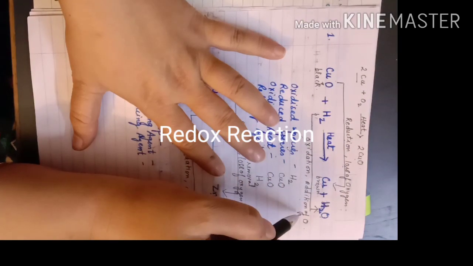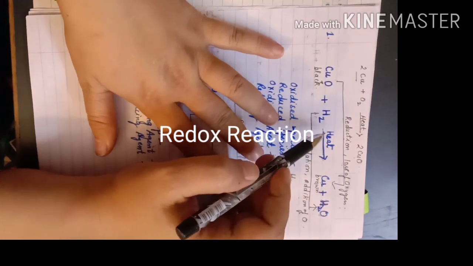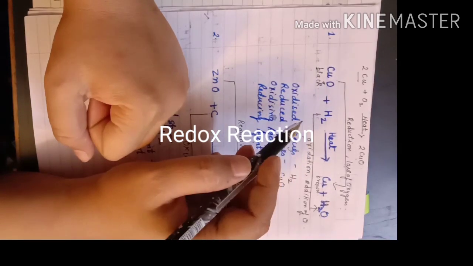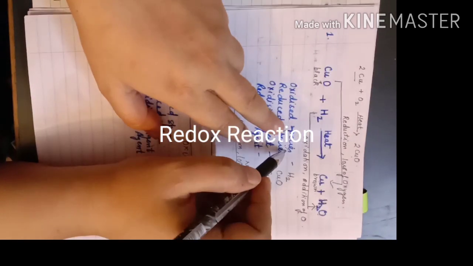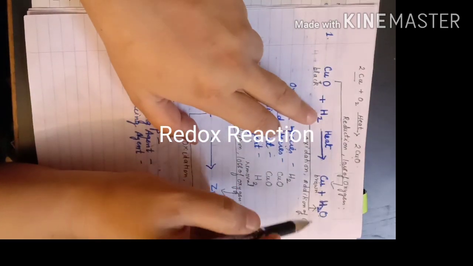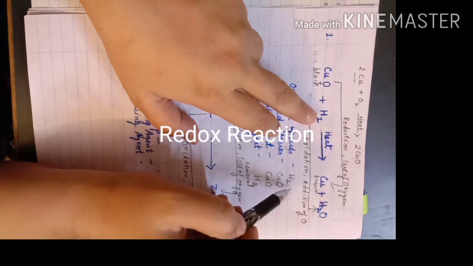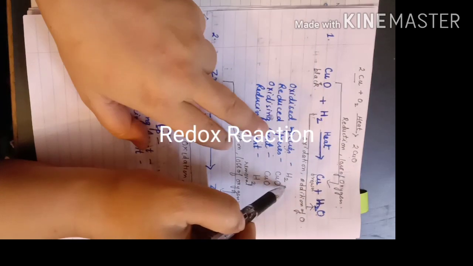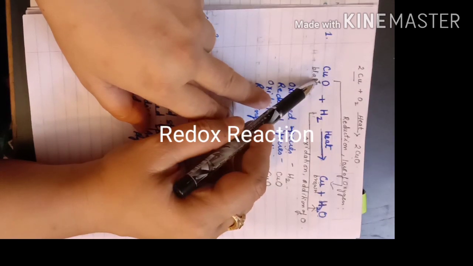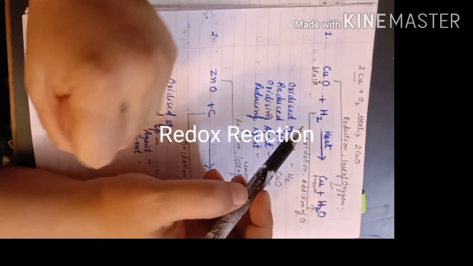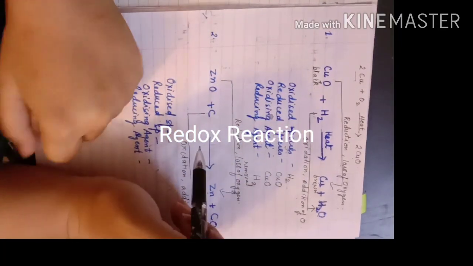One species here is getting reduced and another is getting oxidized. The oxidized species is where addition of oxygen has taken place, so it is hydrogen which is oxidized, and the reduced species is copper oxide, which loses its oxygen atom.